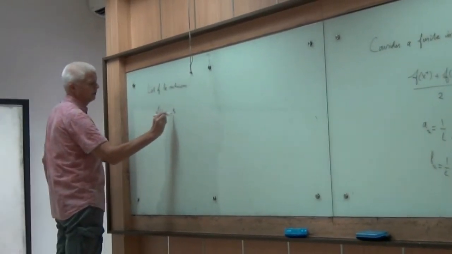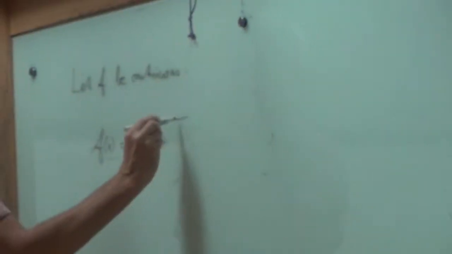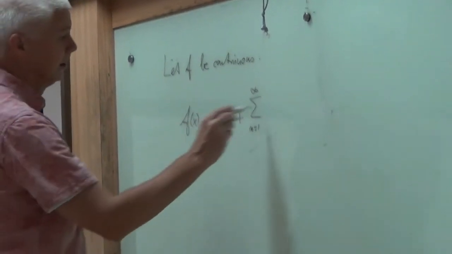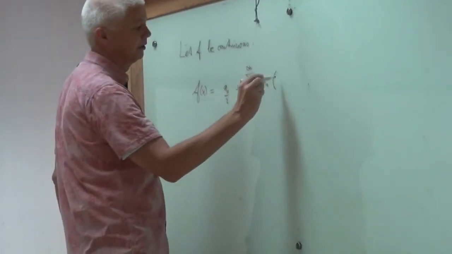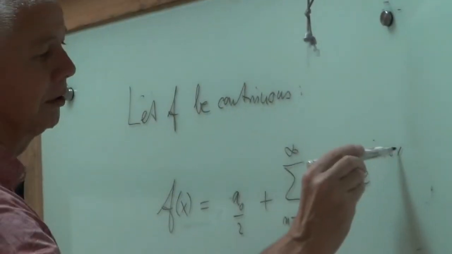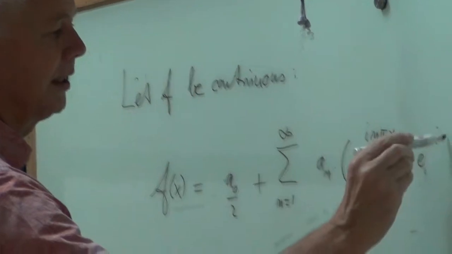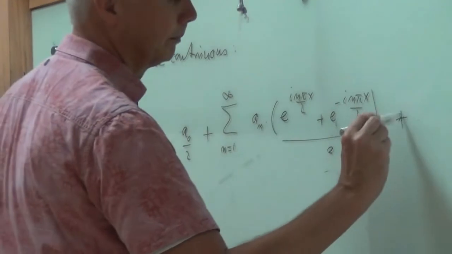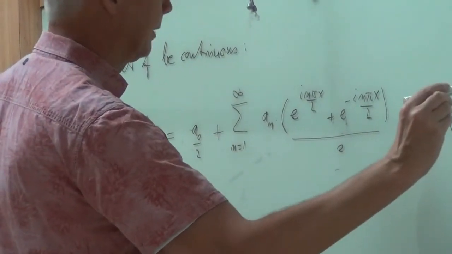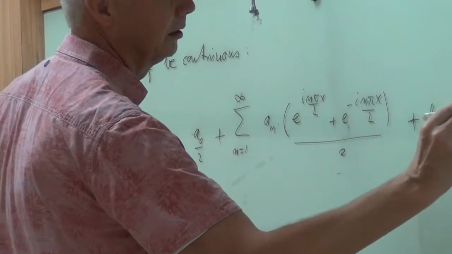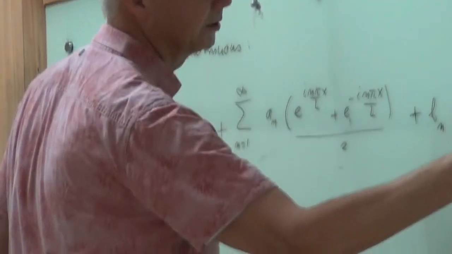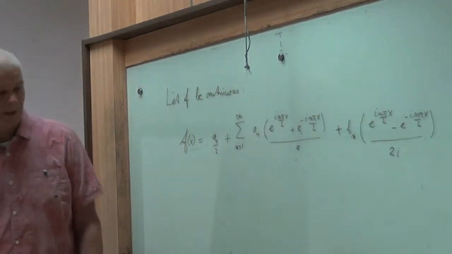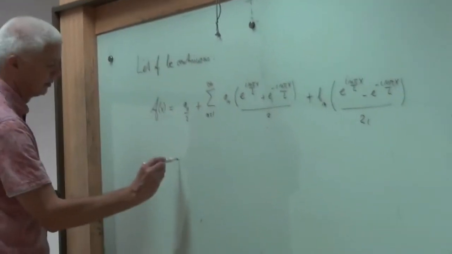Then I know that f(x) is a0 over 2 plus the summation from n is 1 to infinity of an times e to the power i n pi x over L plus e to the power minus i n pi x over L, divided by 2, plus bn times e to the power i n pi x over L minus e to the power minus i n pi x over L, divided by 2i. That's just a complex notation, and I continue with that.